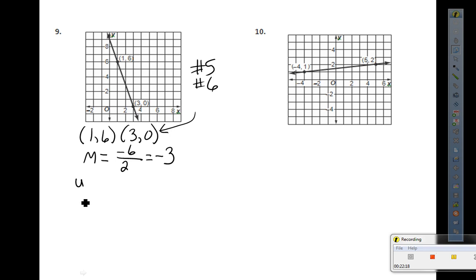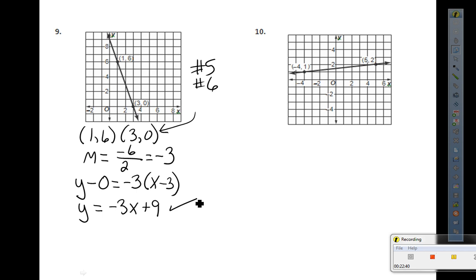So I'm going to go y - 0 = -3(x - 3). I'm going to have y = -3x + 9. Okay. Well, there it is in slope-intercept form.